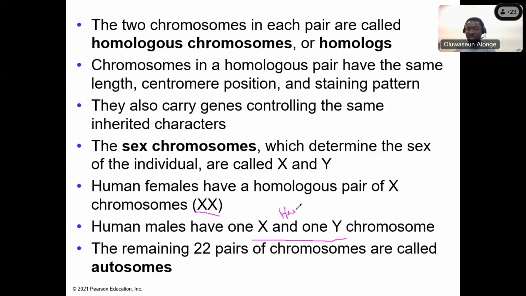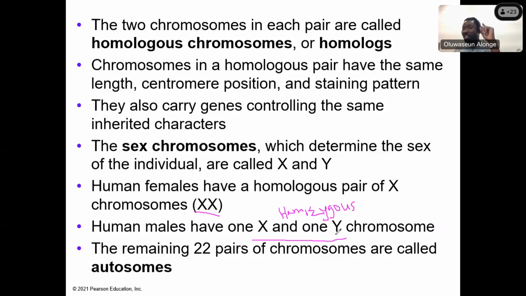If you remember the word hemisphere, hemizygous simply means that males only have one of each. Two means they have two copies, but a male only has one copy.